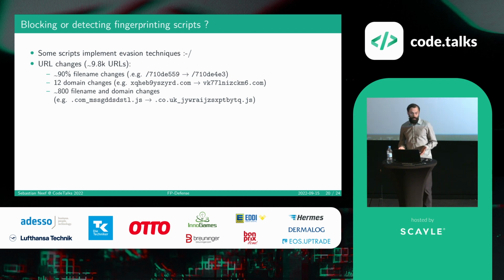Then we have about 12 domain changes, where a script we observed on one domain changed to a random domain, which looks pretty weird to me. OK, you can do that, why not. And then we have about 800 file name and domain changes, where, for example, both the top-level domain and the file name changed.